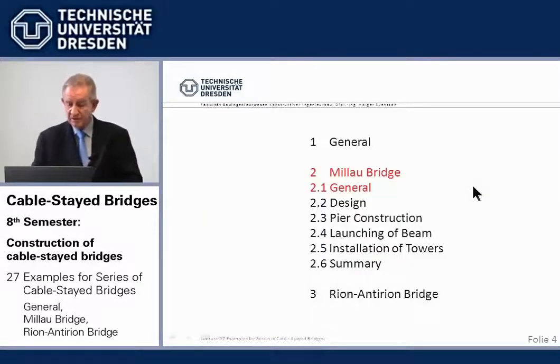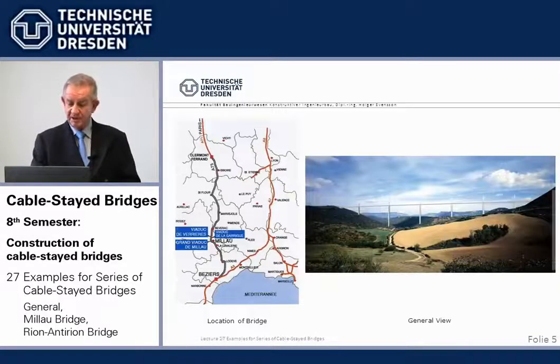Now, we start with the Mio Bridge as one example. The Mio Bridge closes a gap in the second north-south connection in France. We have here the National 7, Paris-Lyon, and that's the one westwards.